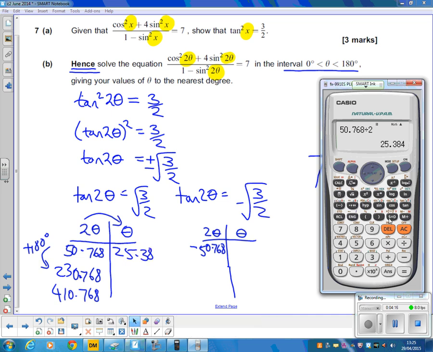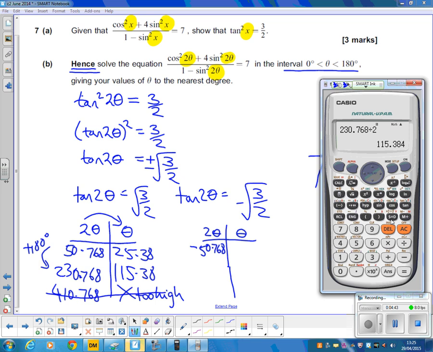If I take my 230 and divide that by 2, I've got 115.38 degrees. Now what would happen if I divided 410 by 2? Well, when we get to 200 and something, that would be too high, it would be above the range. Now you could work that out to start with, but I don't actually want that solution.